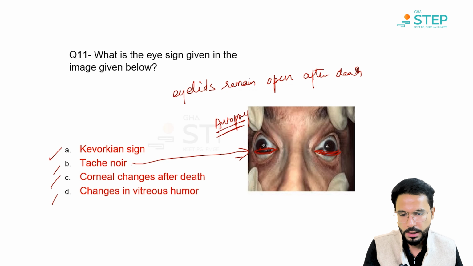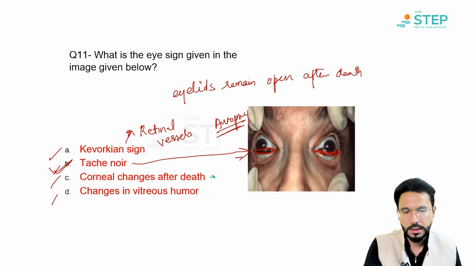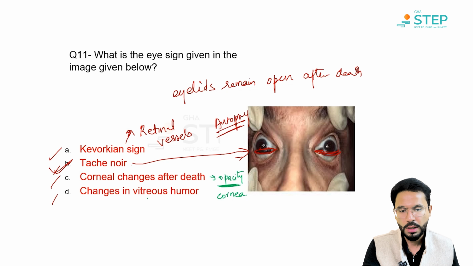What are the other things shown here? Kevorkian sign is a sign seen in the retinal vessels. And what are the other signs? Corneal changes after death. This is only opacity in the cornea that we're talking about. What are the changes in vitreous humor? You cannot observe the changes in vitreous humor like this.